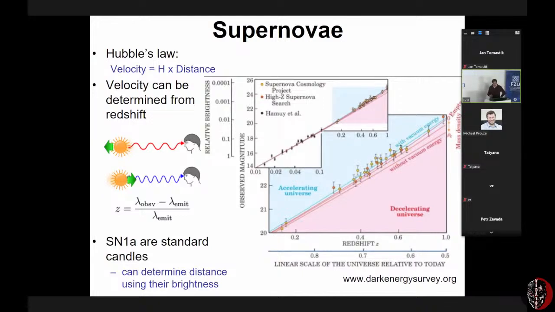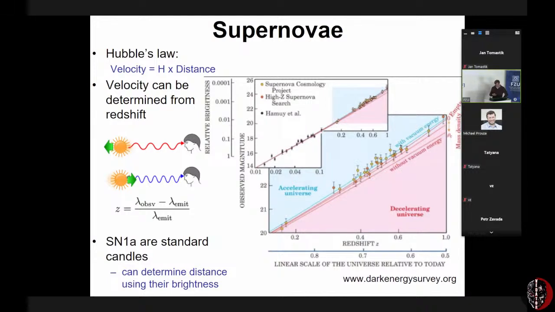Now, one of the main measurements that led to this conclusion was data from supernovae. Certain types of supernovae, SN1A, are called standard candles. So they produce a standard signal. If you see their brightness, you can measure the distance to them.